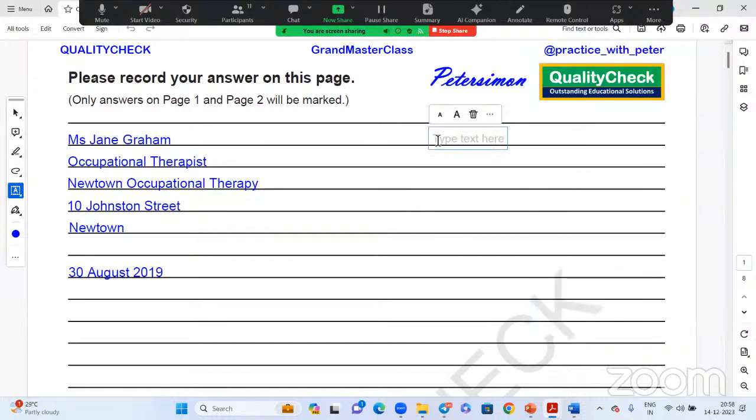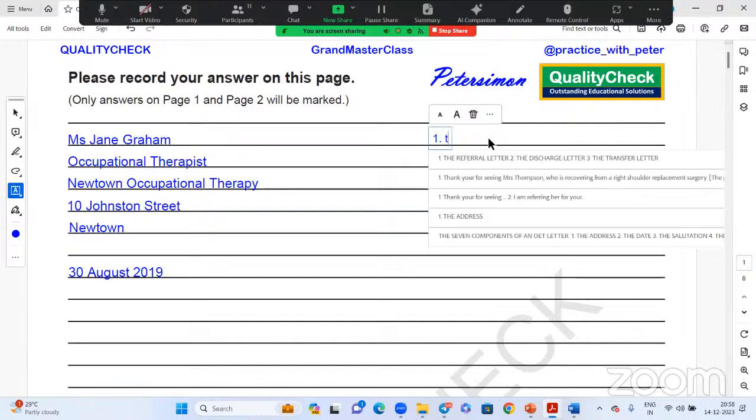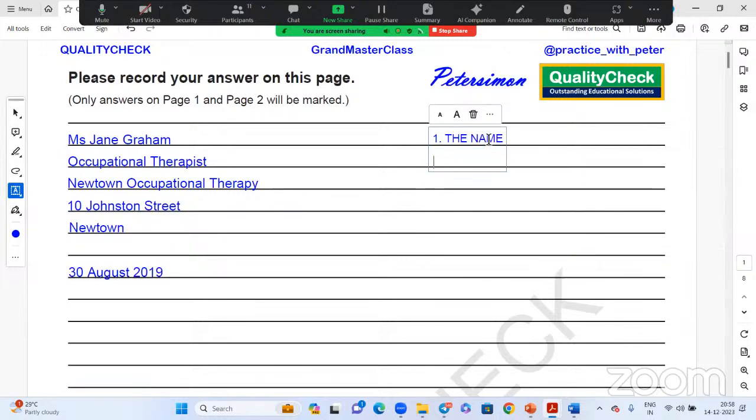Let us see. The first one is the name, the recipient's name or the receiver's name. Number 1 should be the name. Number 2 is the profession, the designation. Number 3, the facility. Number 4, street. Number 5, the city. So there may be different things in different letters.